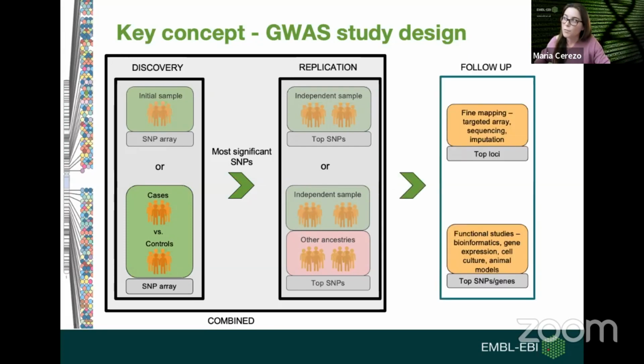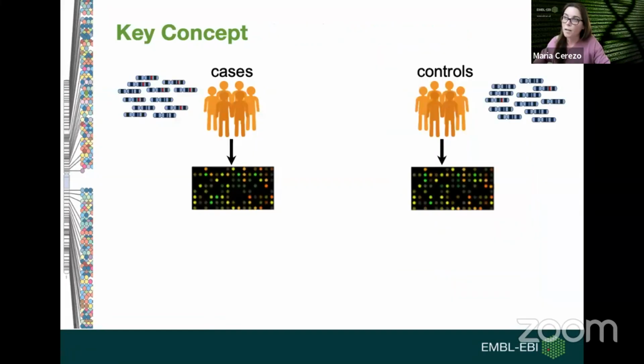And as I mentioned before, we need to keep in mind that to conclude that there is a causal variant, you need functional studies carried out to properly establish causality and the disease mechanisms.